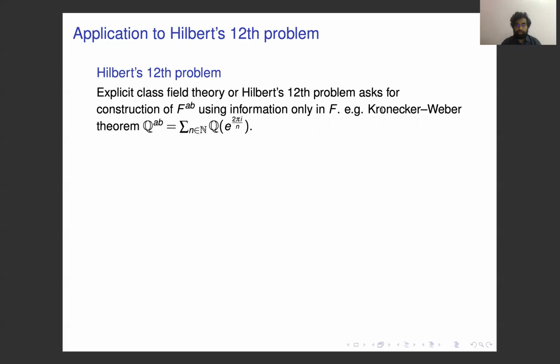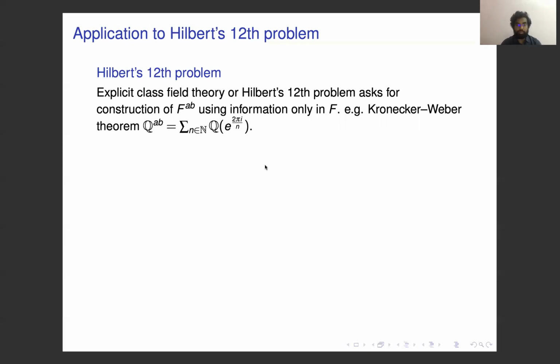So the first example is the Kronecker-Weber theorem, which of course dates back to before Hilbert stated his 12th problem. Q^ab, the maximal abelian extension of Q, is generated by the values of the exponential function e^(2πix) at rational numbers x, so x equal to 1/n.